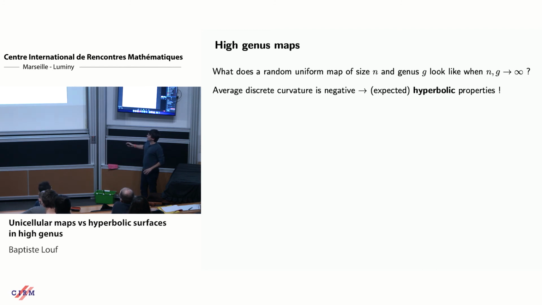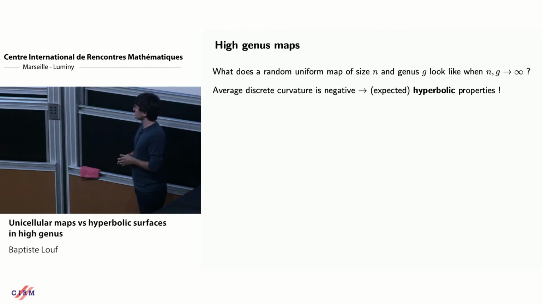But a thing that appears with high genus maps is that you can define a notion of discrete curvature on your objects, for instance by imagining that all your polygons are regular and then with a fixed area. When you fix the area for the total map, say the map has total area 1, and all the polygons are regular, then you can define some notion of curvature.